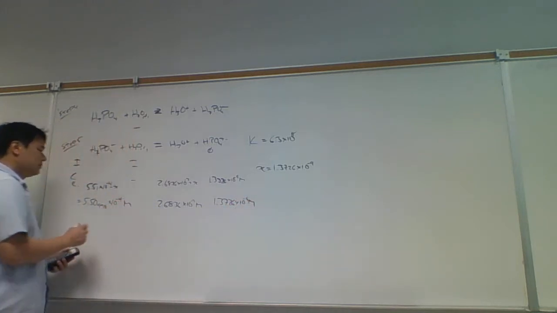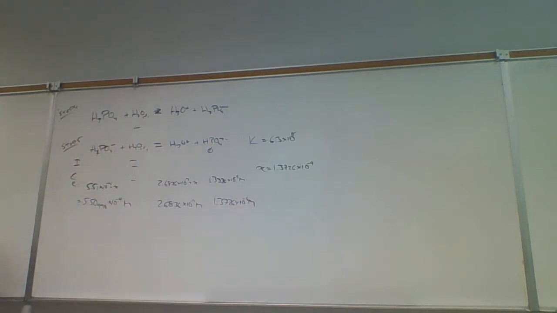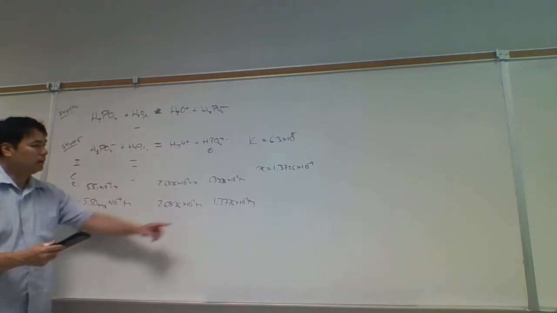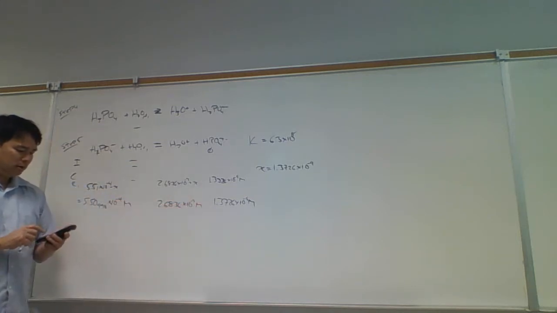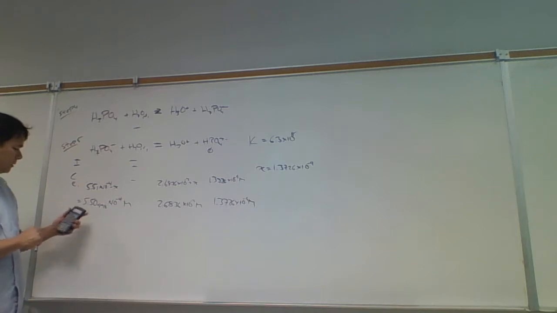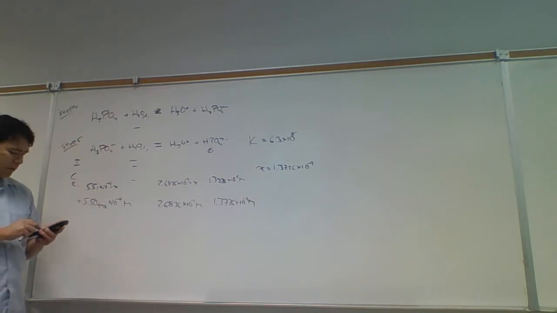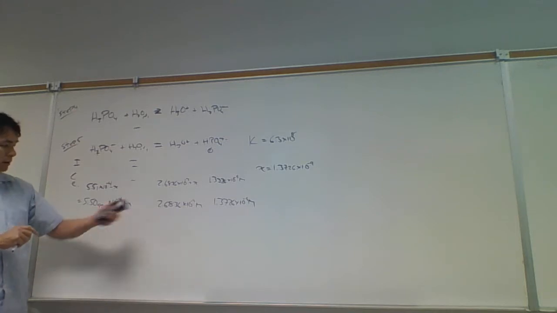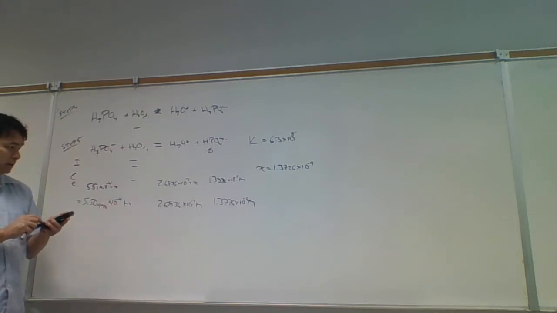All right, what we'll do is double check to make sure that these satisfy K. So take this one and invert it, times 2.6836 times 10 to the minus 2 times 1.3726 times 10 to the minus 9.